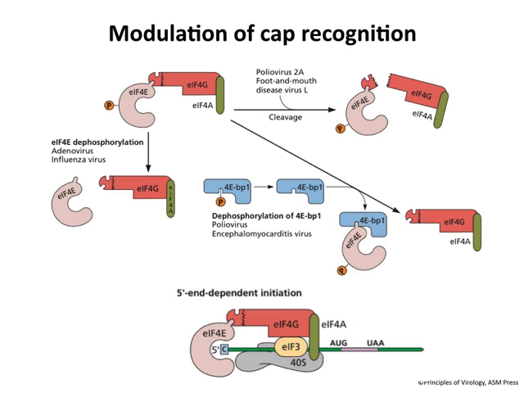The effect is that 4E can no longer interact with 4G, so any message that's capped will not be translated. But of course, these viruses, polioviruses, don't have a cap on their messages. They have VPG, and they use an IRES for internal initiation, so they don't care about 4E. They do need 4G, and cleaving the N-terminus off apparently allows them to still use the rest of the protein to bring the ribosome in, because 4G binds the IRES directly.